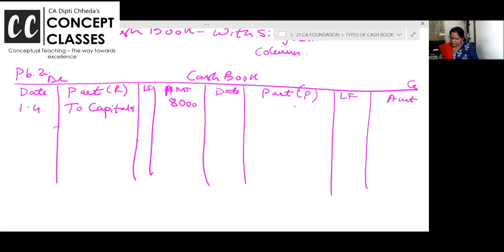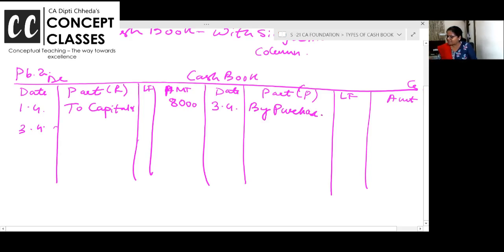After that, 3rd of April, he bought goods for cash. Dates have gone a little here and there. Just do it now. So when you bring goods for cash on 3rd of April, it's purchase account debit.